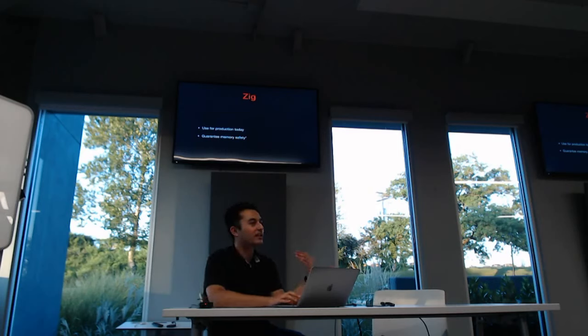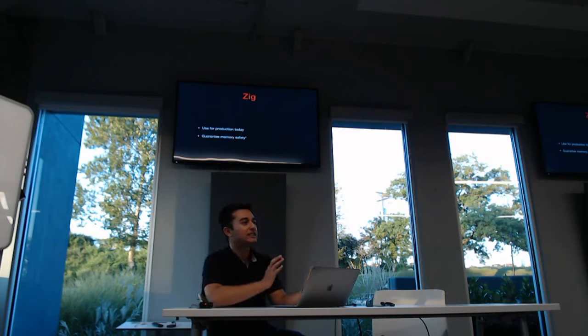Rust aims to do a lot of those things and also guarantee memory safety, but that comes at a cost of additional complexity. So what Zig is trying to do is have this simple language and still give you a lot of memory safety, but there are certain places in which you're on your own right now, and there are certain issues.